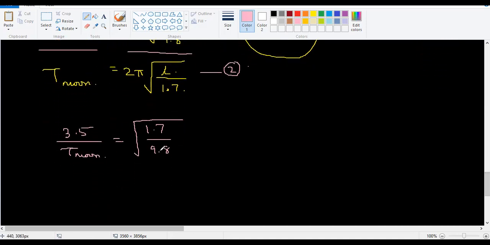So this one, I think it's approximately 6 times. If you do the math, 1.7 into 6, so 42, 4, so 6 plus 4, 10, so 10.2. So it will be approximately 6 times, I think. So T moon is equal to root of 6, goes over here, so 3.5 into root of 6.